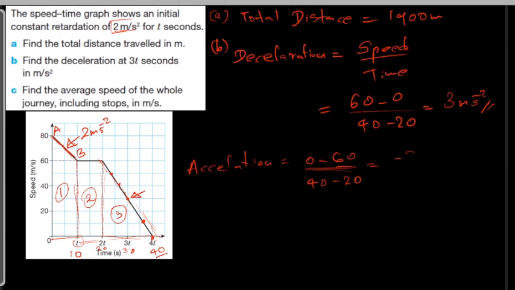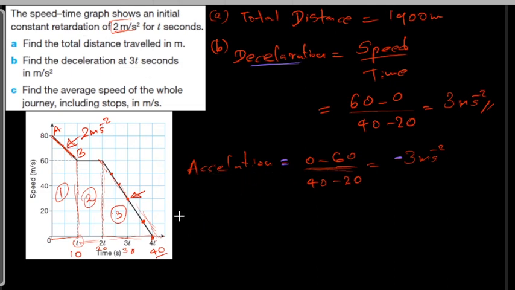Now you will get minus 3 meters per square second. So can we accept both answers? Yes. Here I use the word deceleration, so you don't need to find the negative value. But when I apply it in the standard order, I get minus 3. Minus acceleration means it's a deceleration.